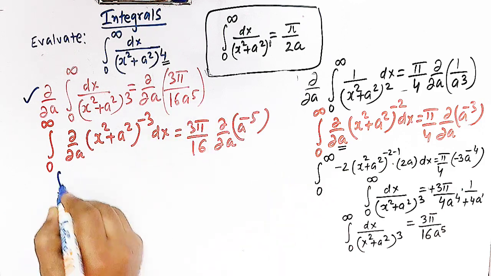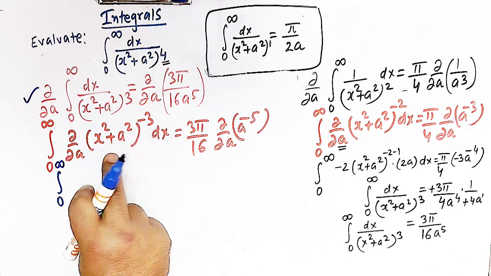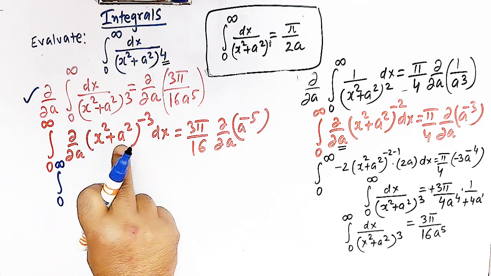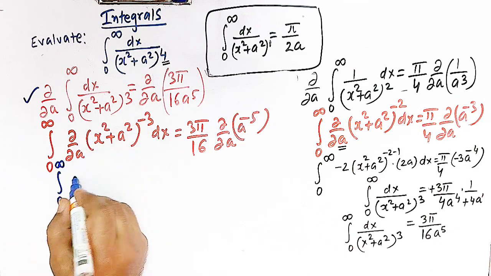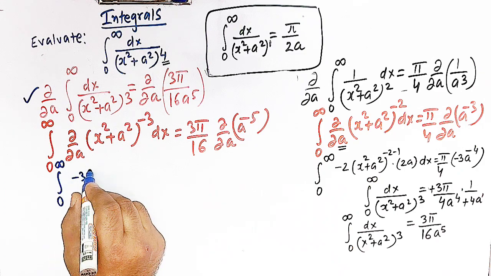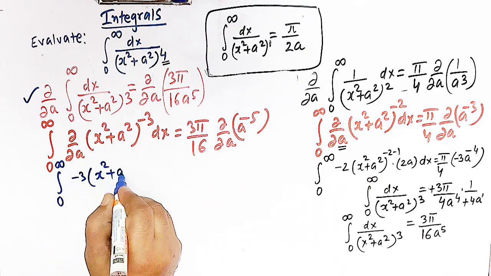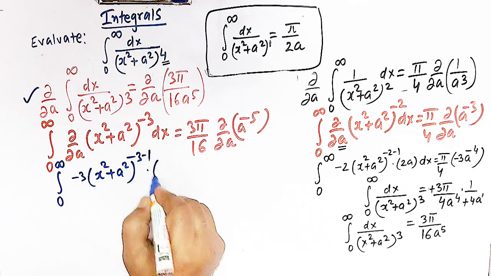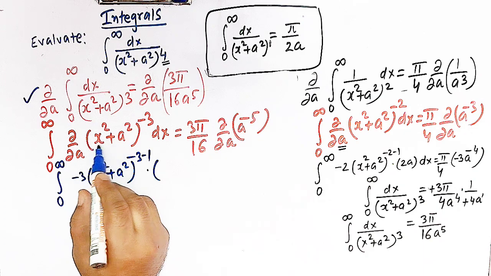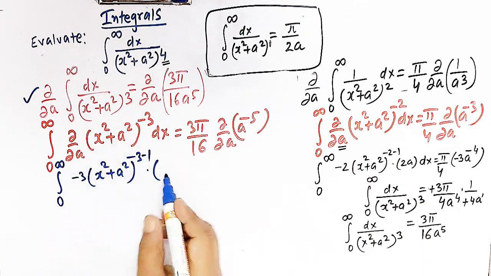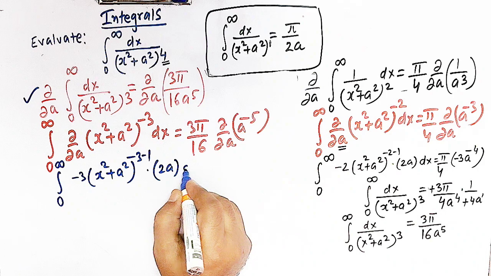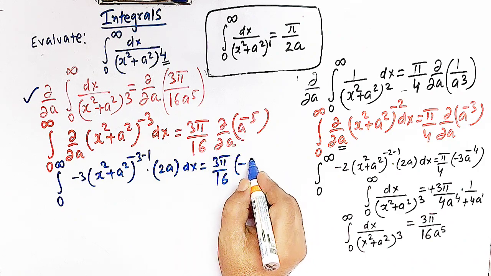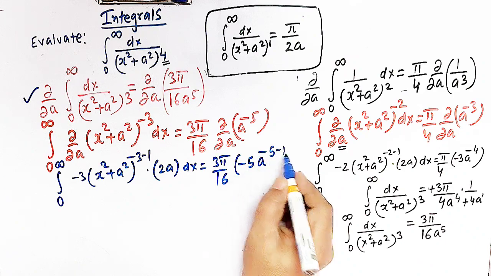So we have now 0 to infinity, and here following the same steps, the partial derivative of (x square plus a square) raised to minus 3 with respect to a is given by minus 3, and then we have (x square plus a square) raised to minus 3 minus 1, and then by chain rule, the derivative of x square plus a square with respect to a is simply 2a, and here we have dx, here we have 3 pi by 16, and here we have minus 5 a raised to minus 5 minus 1.